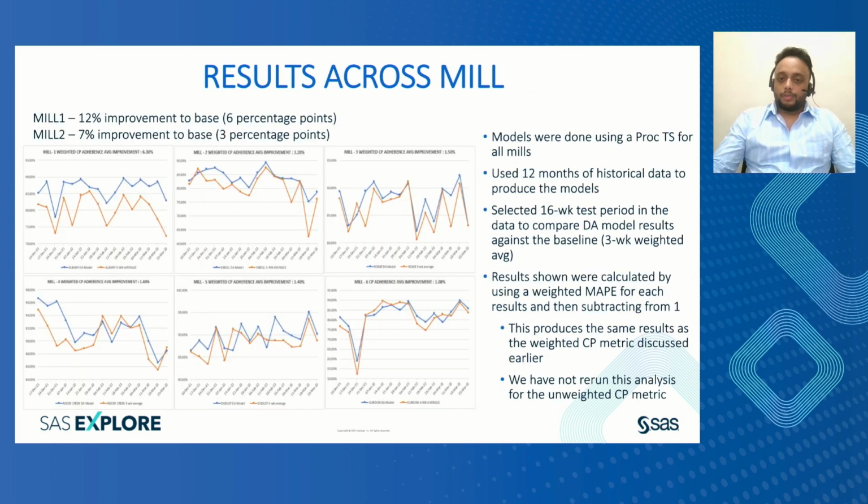If you see the output in the next slide, here I have given the output results for other mills also. Currently, you can see the outputs for 6 mills.